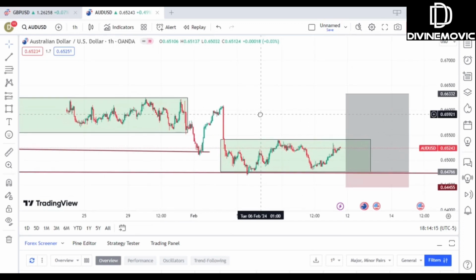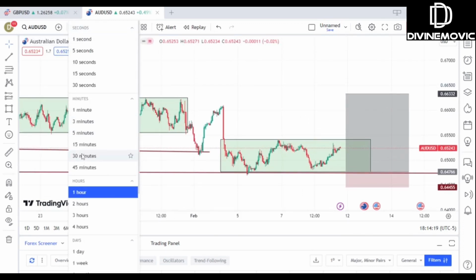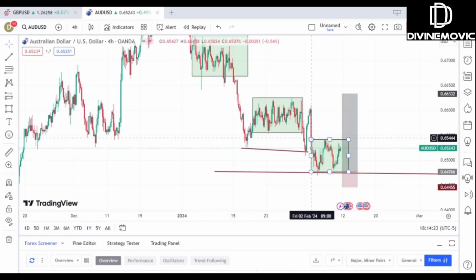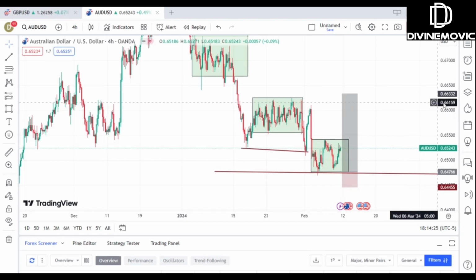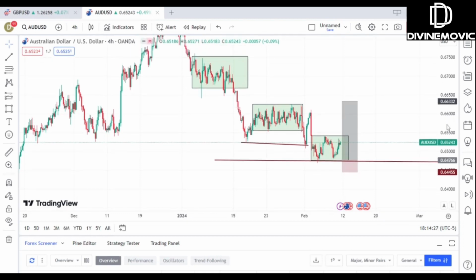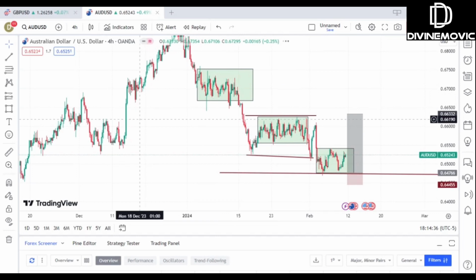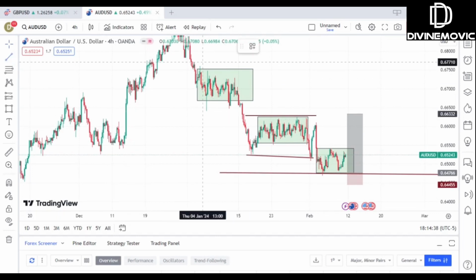And how am I going to put my take profit? Now, because price took out this sell side liquidity first, price is going to proceed for the buy side liquidity. So where is the buy side liquidity resting? Now there's buy side liquidity here. There's buy side liquidity here as well.